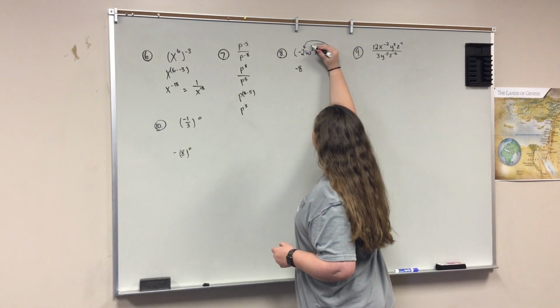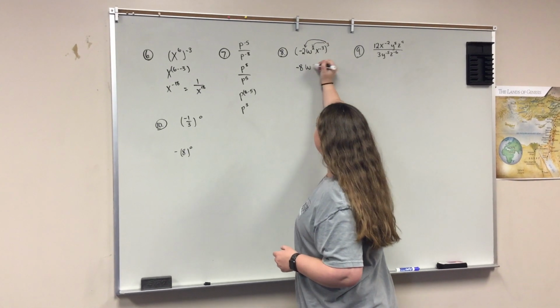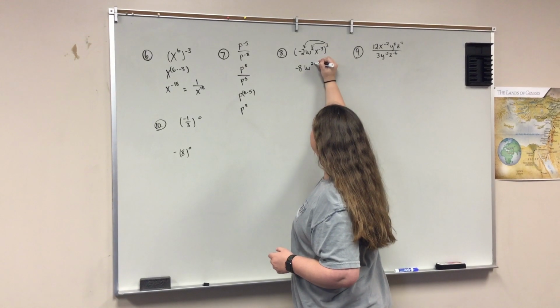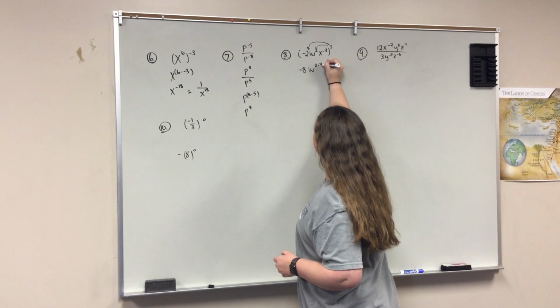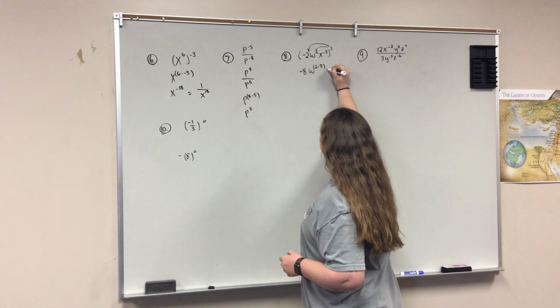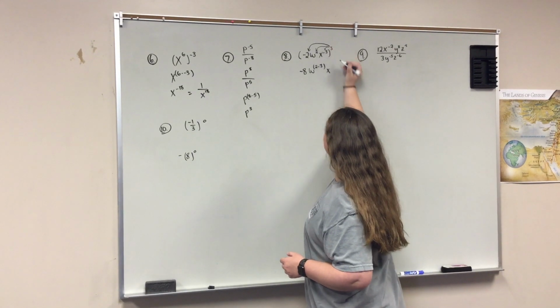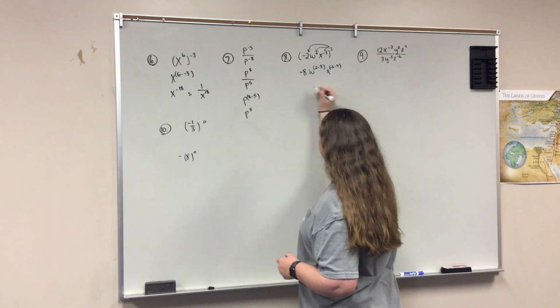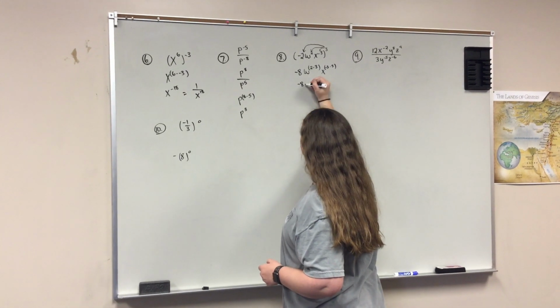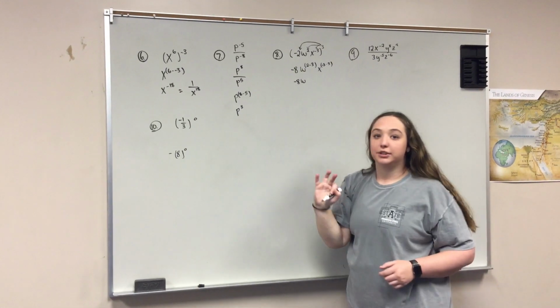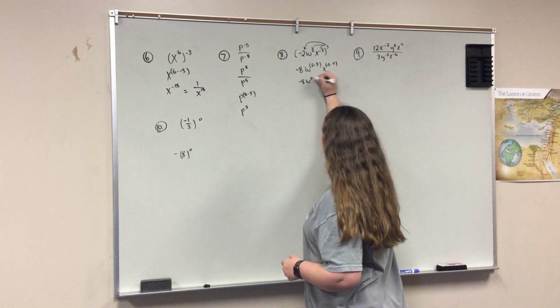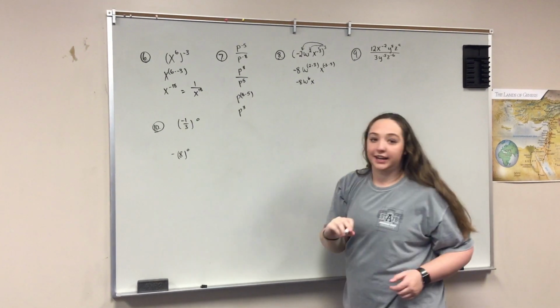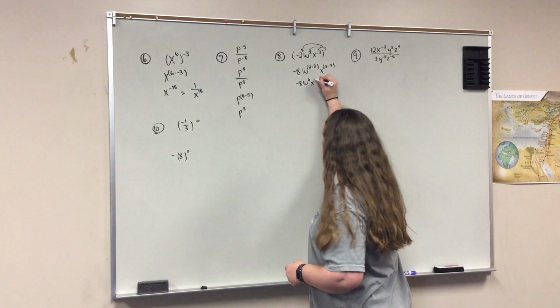And then we have w squared, so that's going to be w to the 2 times positive 3. And then x to the negative 3 times positive 3. So then we're going to have negative 8. w, 2 times 3 is 6. And then x, negative 3 times 3 is negative 9.